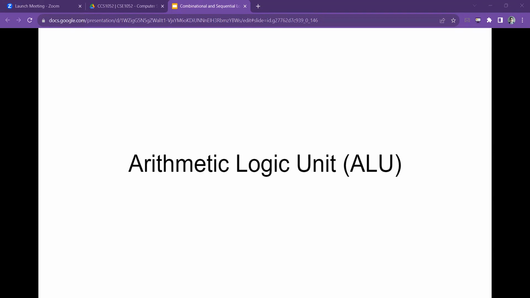Look at the ALU again. Yeah, arithmetic and logical unit.